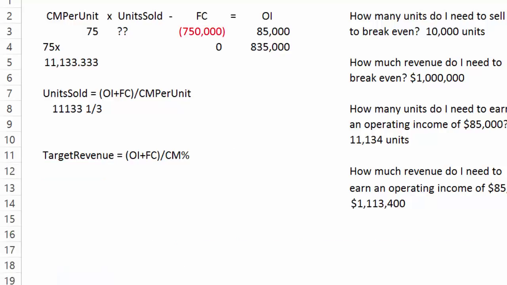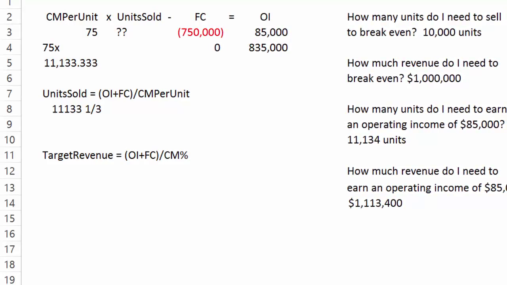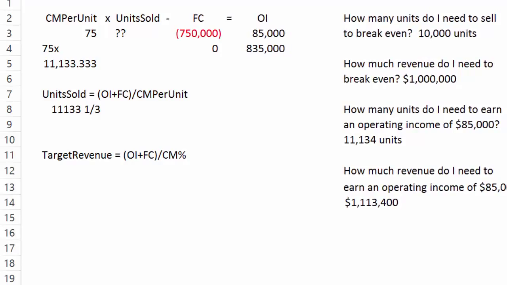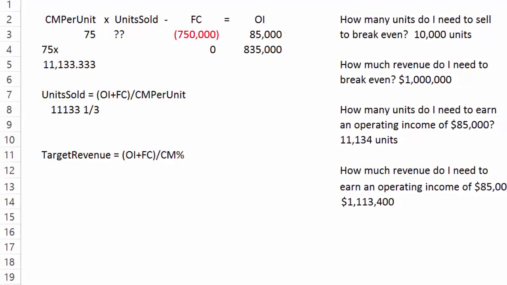So let's go ahead and use this formula and see what happens in both of our prior examples. Now we can't solve for units, but we can solve for revenues in both cases. So how much revenue do I need to break even? Let's solve that one first.